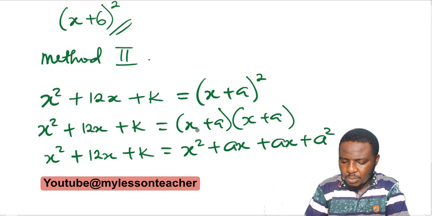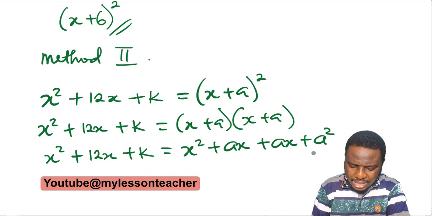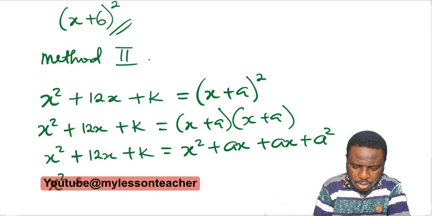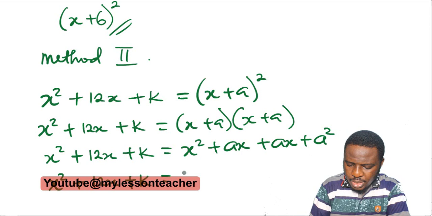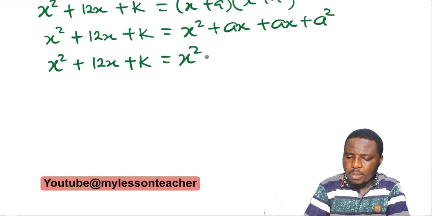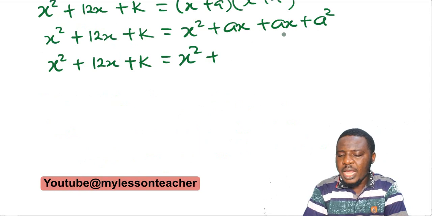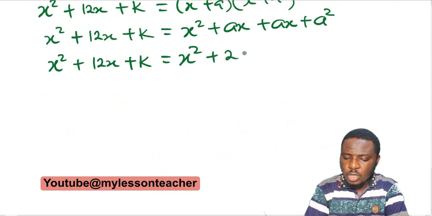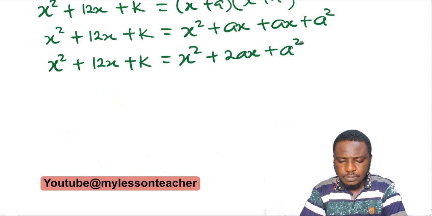That is, by splitting one of the brackets into 2, using them in turns to multiply the second bracket, and this is what you get. Now let's collect like terms. This becomes x squared plus 12x plus k being equal to x squared plus ax plus ax will give us 2ax, then plus a squared.